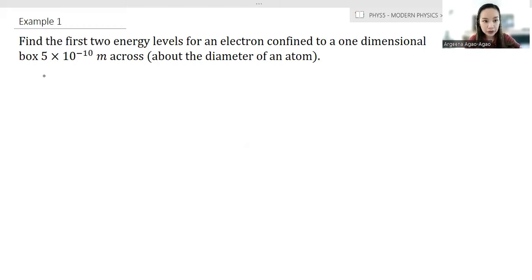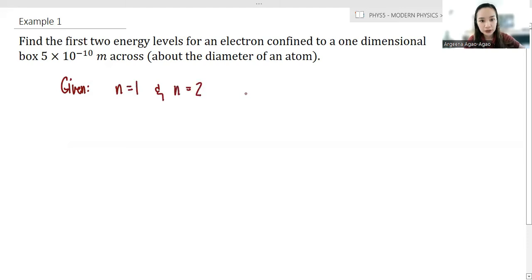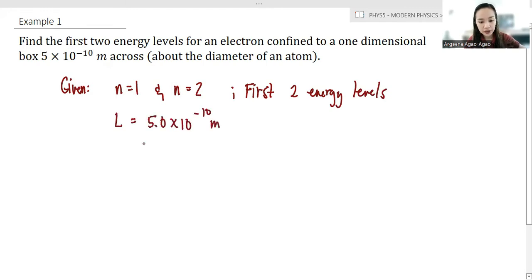Now, since we are going to look for the first two energy levels, we have here our given n equal to 1 and n equal to 2. These are your first two energy levels. And then we have your length, that is 5.0 times 10 raised to negative 10 meters.